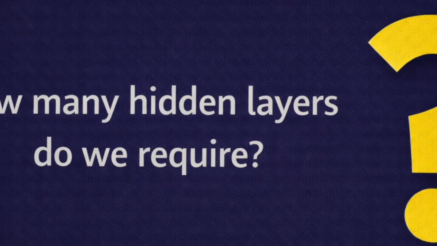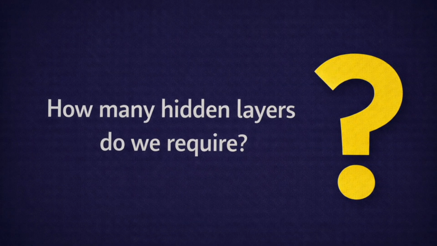Now a natural question comes up: if nodes work together to form meaningful patterns, how many hidden layers do we actually require? Well, there's no fixed number, but for simple problems, mostly one hidden layer, and for complex problems, multiple hidden layers are required to increase the learning efficiency and capability, but it has to be managed effectively.